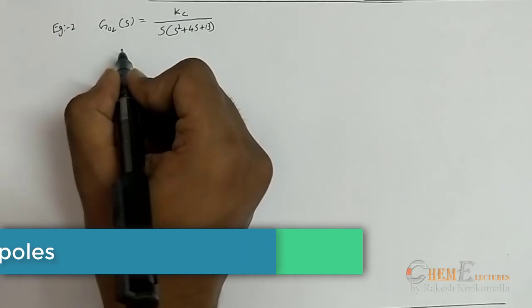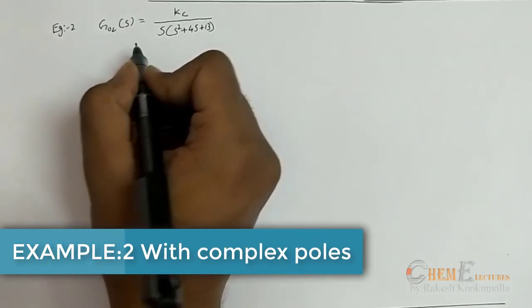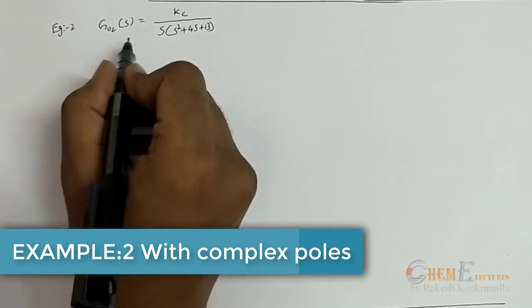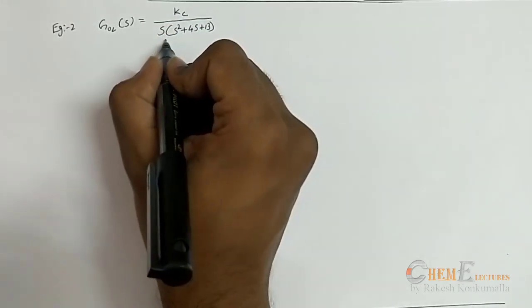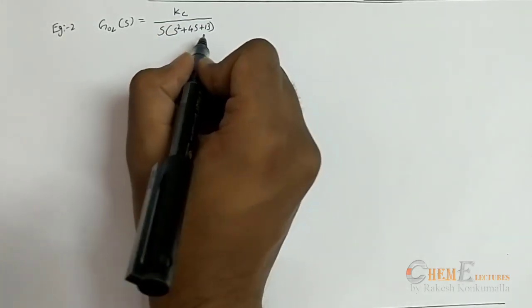Now let me take a second example, somewhat more complex compared to the first example. My open loop transfer function is given as kc by s into (s squared plus 4s plus 13).